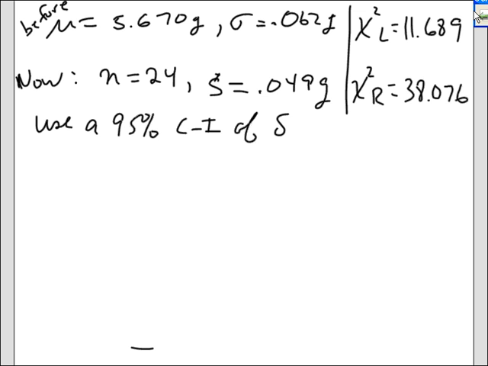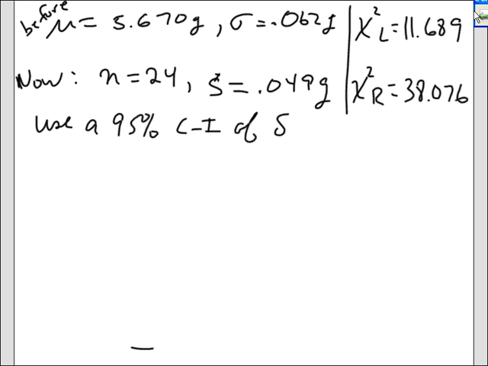Okay, let's get rid of our side work. Now we're ready to do this. All I needed was s, n, and the two chi-squares. So now I just plug in. I want to check something, please. Okay.